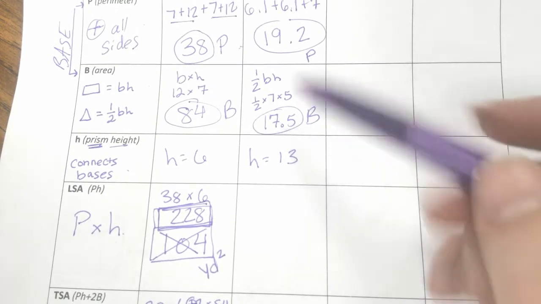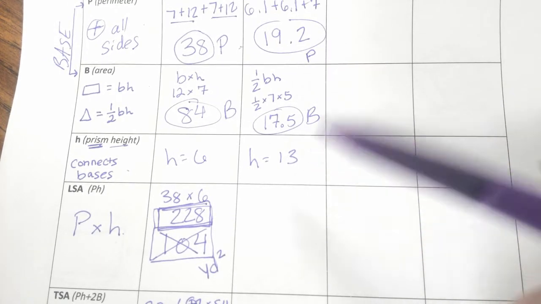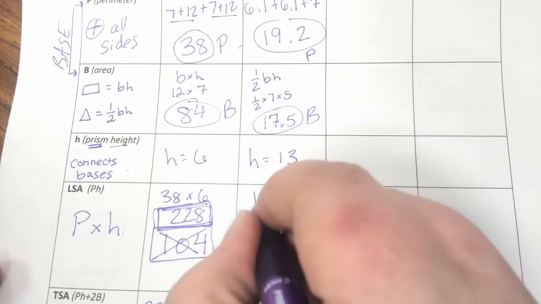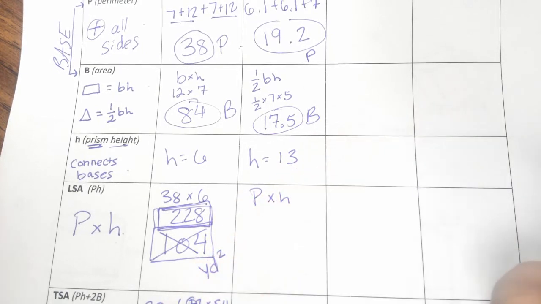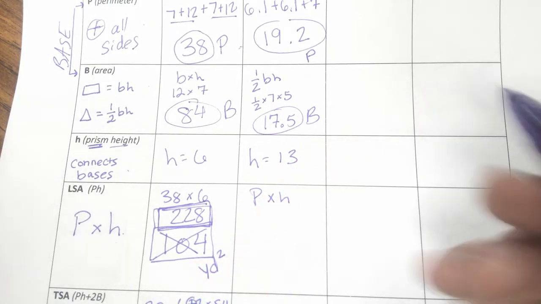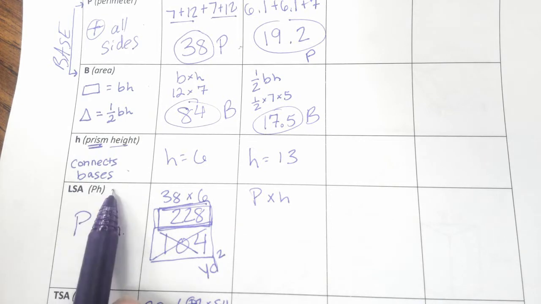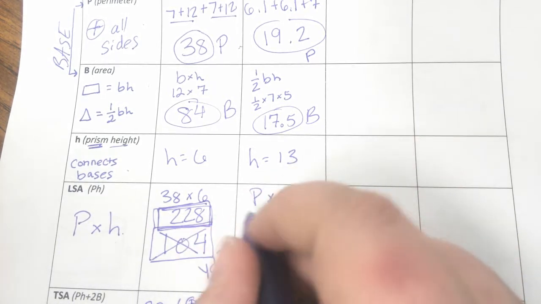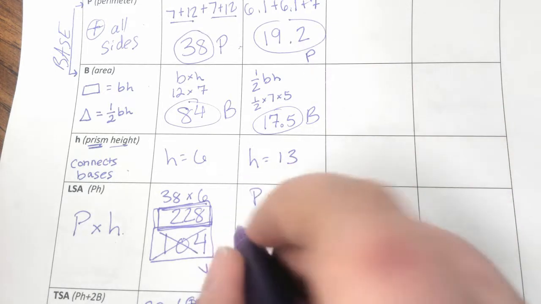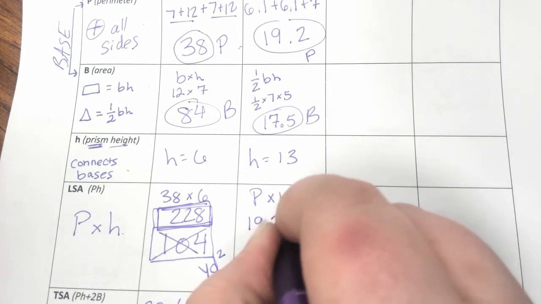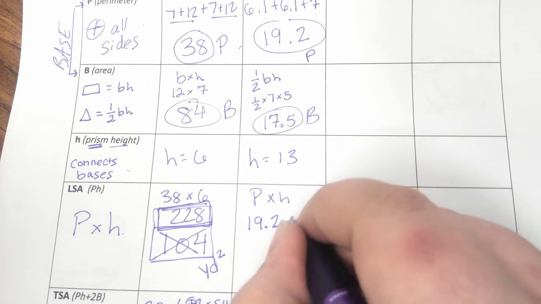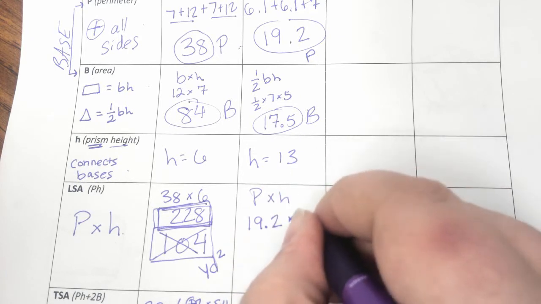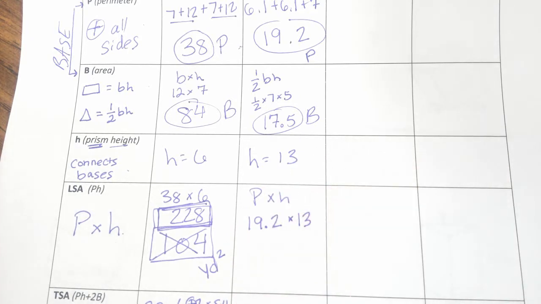Now we're all set. We've got big P, big B, and H, which means we can find the total and lateral surface areas. We start with the lateral surface area because knowing pH can actually help us with the total surface area. P is 19.2, the perimeter of the base, times the height of the prism, little h, which is 13.